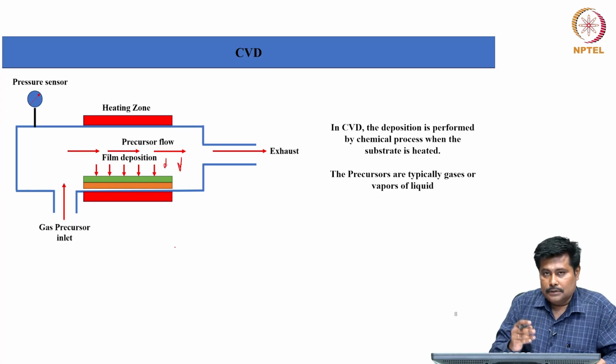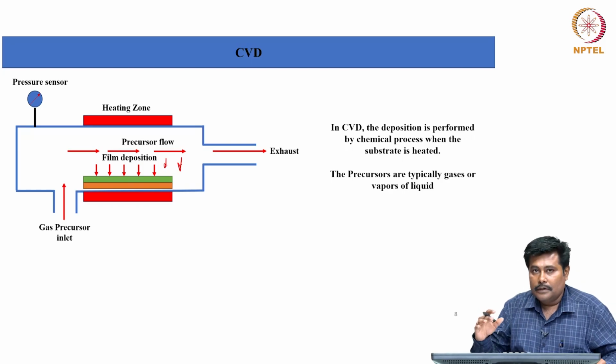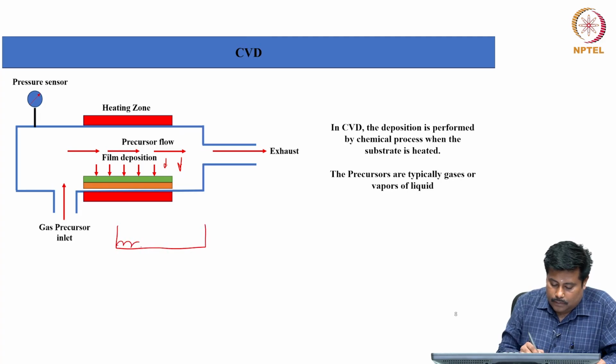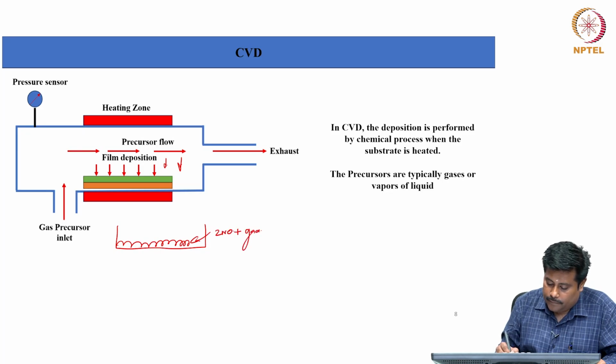For example, if we are trying to develop zinc oxide based structures, we keep a boat, and over the boat we keep zinc oxide plus graphene. The graphene will act as a catalyst along with the zinc oxide.